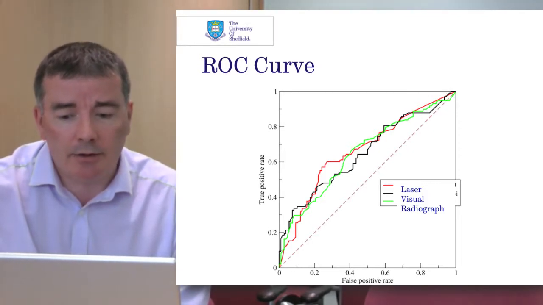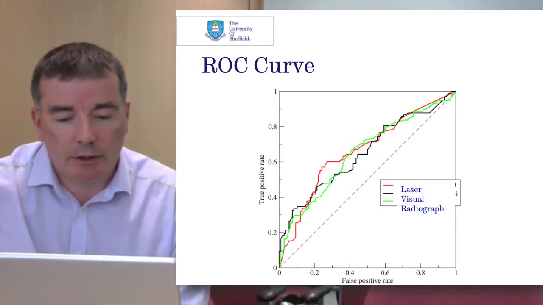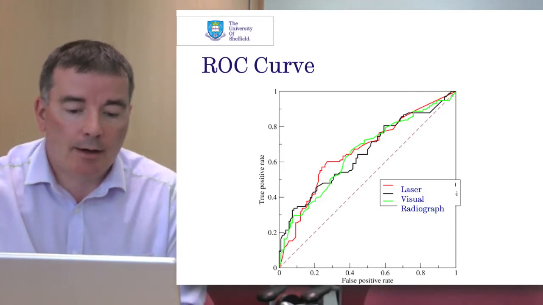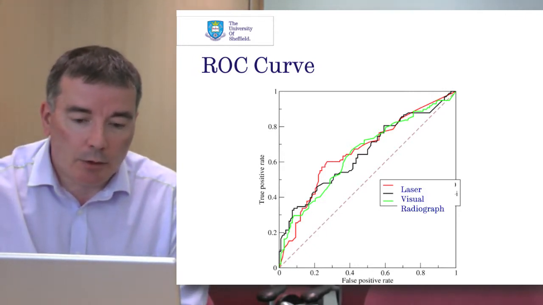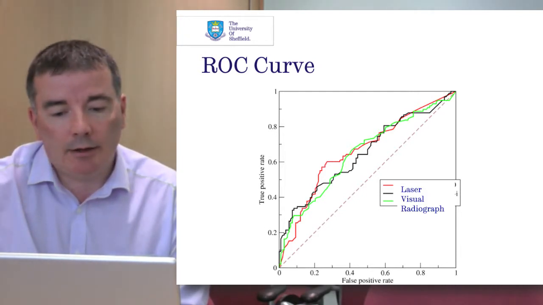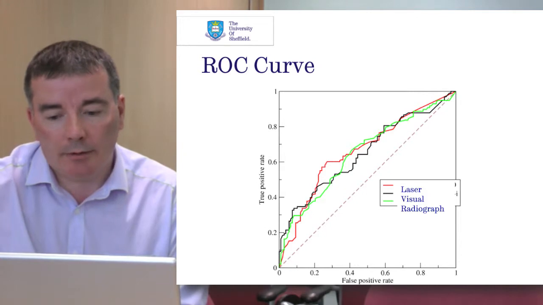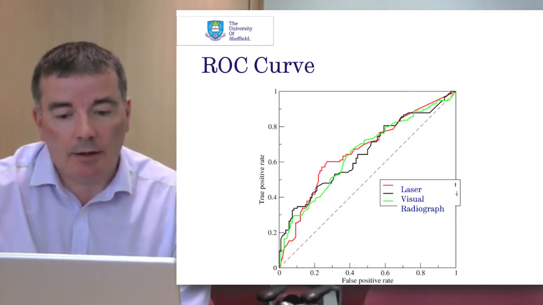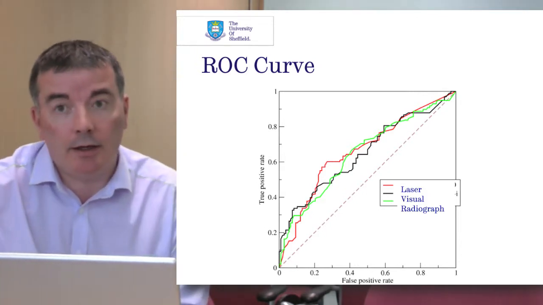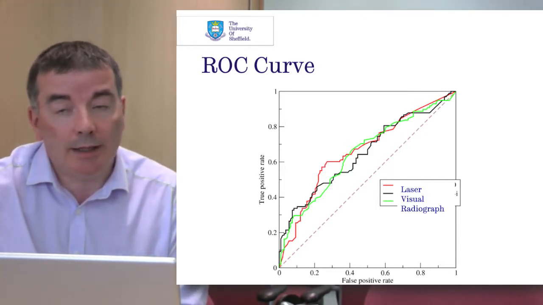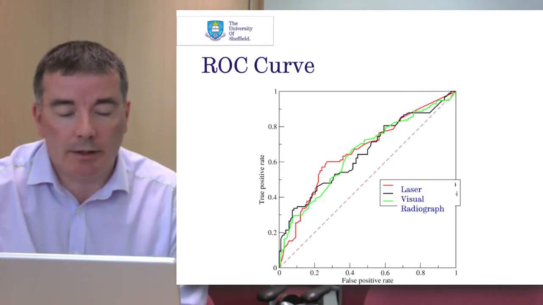So here we see 3 devices: the laser fluorescence device in red, visual examination in black, and radiography in green. And these are plotted on this graph, and the device which is nearer number 1, i.e. the top left hand corner of the graph, is the superior diagnostic tool, and this is known as the area under the receiver operating curve.